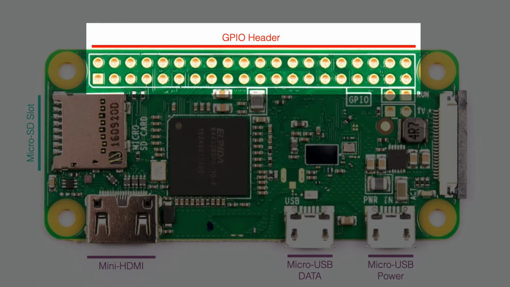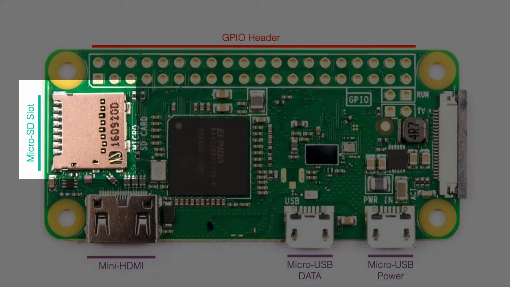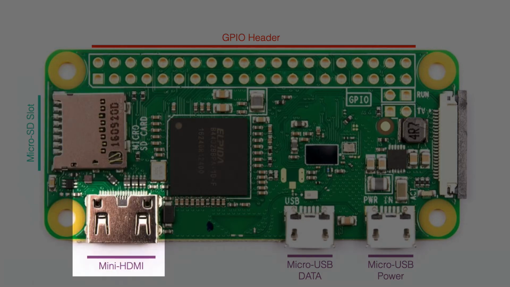GPIO stands for General Purpose Input-Output. It's what we'll be using later to control LEDs. Along the left-hand side is the micro SD slot. This is where you will insert the hard drive, a micro SD card. Along the bottom, starting at the left, is the micro HDMI port.